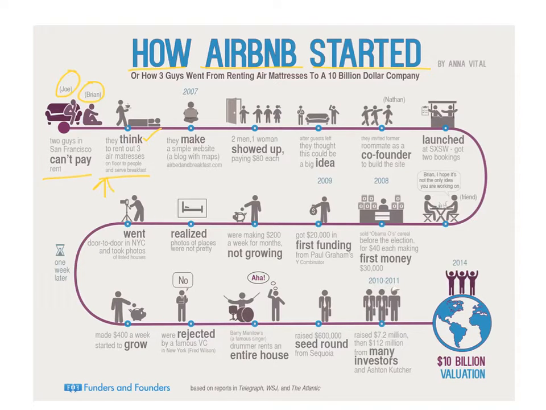I think there was like a conference or something going on in San Francisco, so they said, well gosh, we can let people sleep with us. They make a simple website, a blog with maps. 2 men, 1 woman showed up, paid $80 each. After the guests left, they thought this could be a big idea.